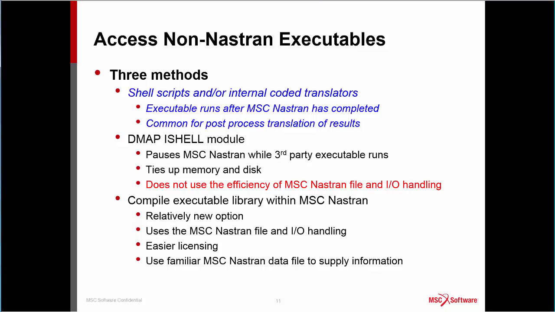Licensing becomes easier because it's embedded within our licensing system, so it becomes a feature. Or if you do this yourself, you don't have to license it, it's your own code. But also, it's the familiar Nastran data file to supply information. Over the years, this has just become a standard, the bulk data file, and it never changes from version to version. It gets improved with additions, but you know that it'll always be upwards compatible.